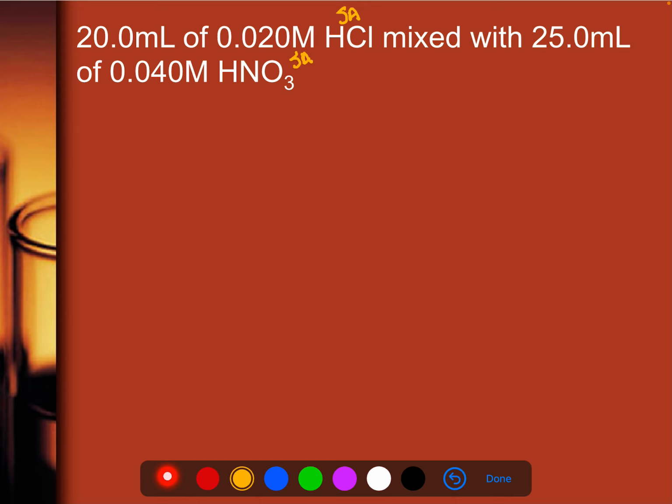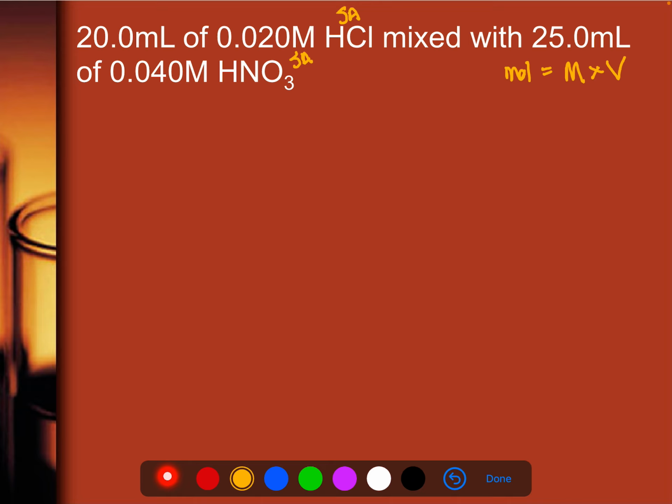So remember, that means that these completely ionize. We said we have to find moles of hydrogen for each of these. In terms of our molarity formula, if we're solving for moles, that is our molarity times our volume.